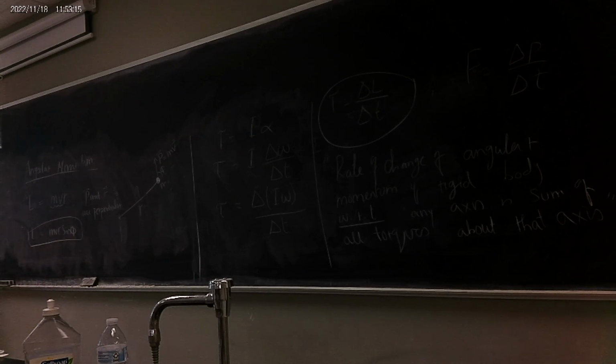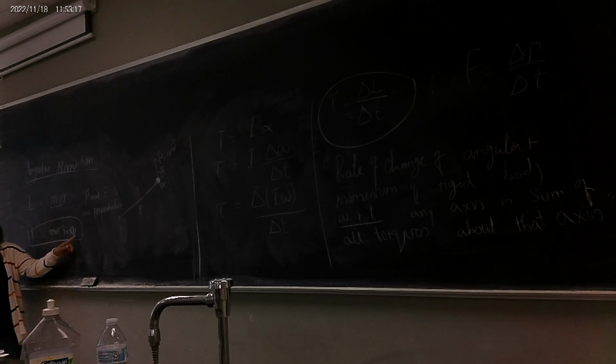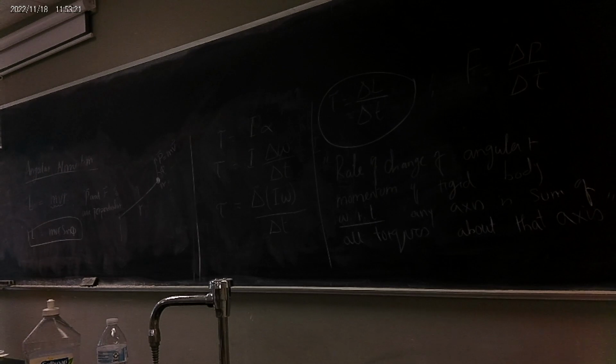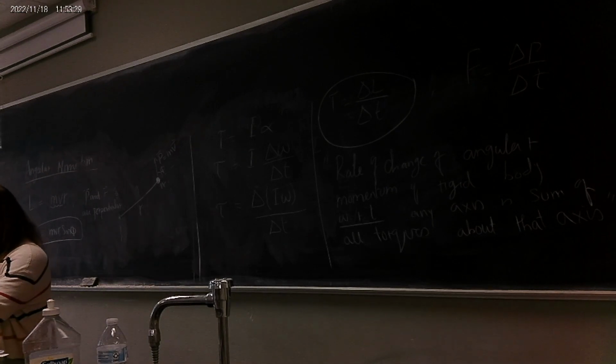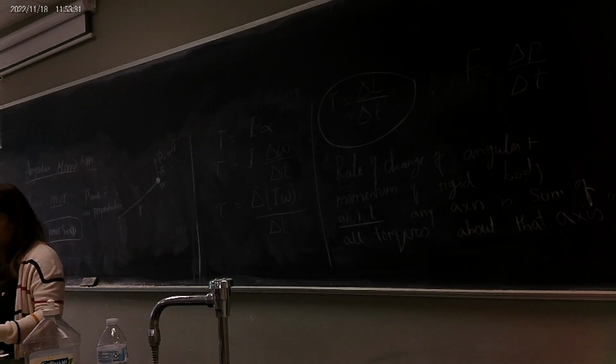Now if phi is 90 degrees, I plug in 90 and that becomes mvr. In that case, momentum can have two components.